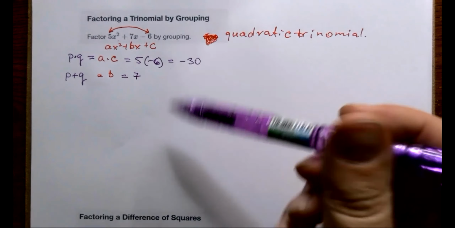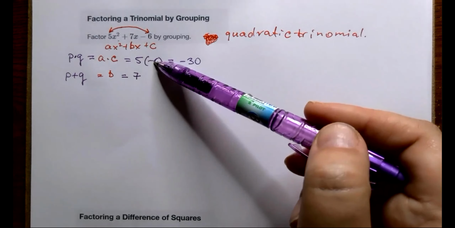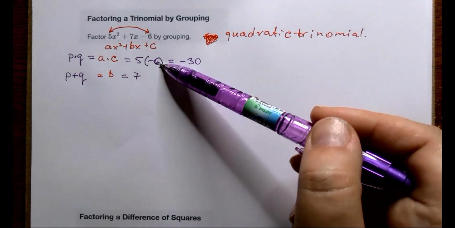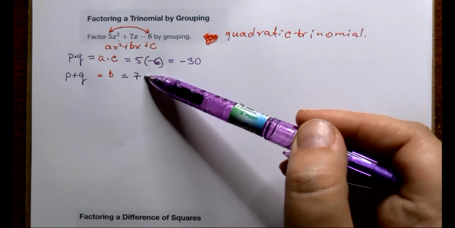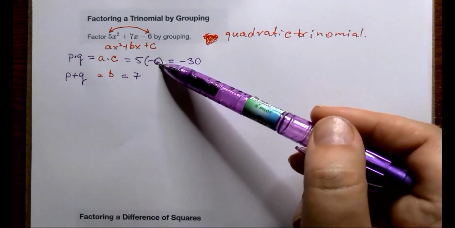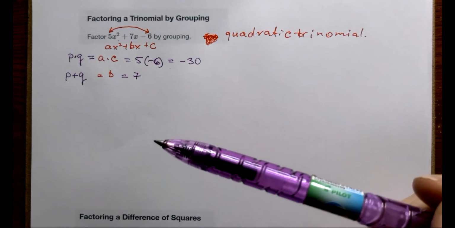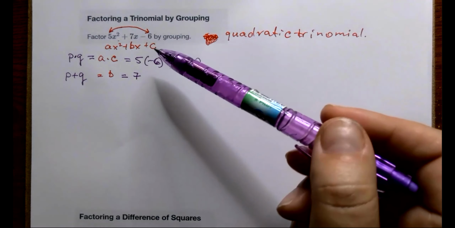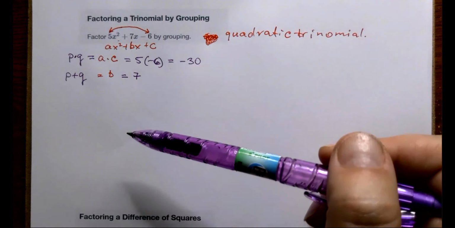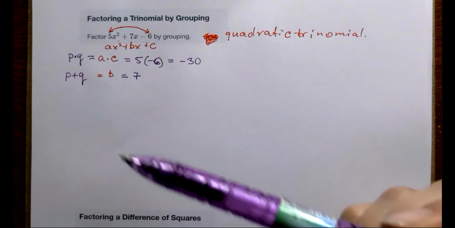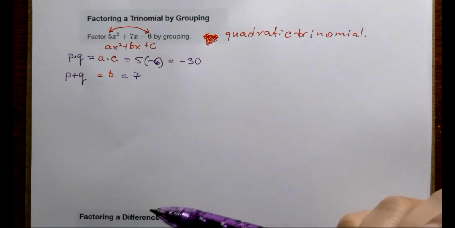While it is true that 5 and -6 when multiplied will give you -30, when you add them, they're not going to give you 7. So that's why we have to look for two different numbers, P and Q. And if this trinomial is factorable, there will be only one pair of numbers that fit that description.